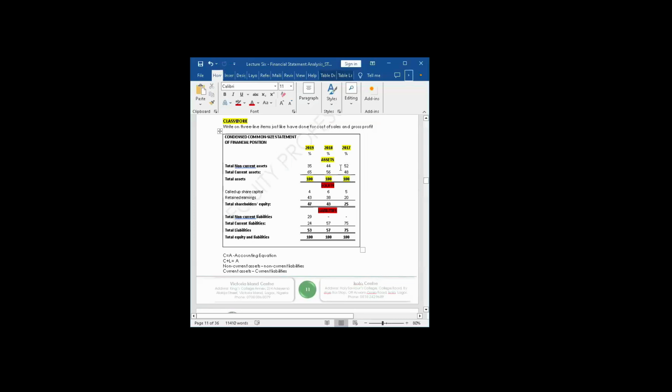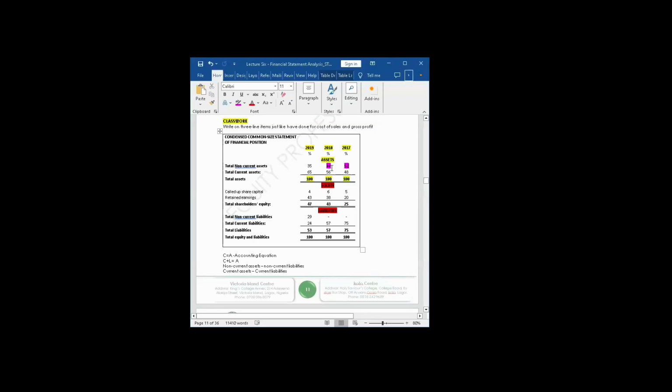However, look at 2018. The non-current assets declined from 52% to what? To 44%.